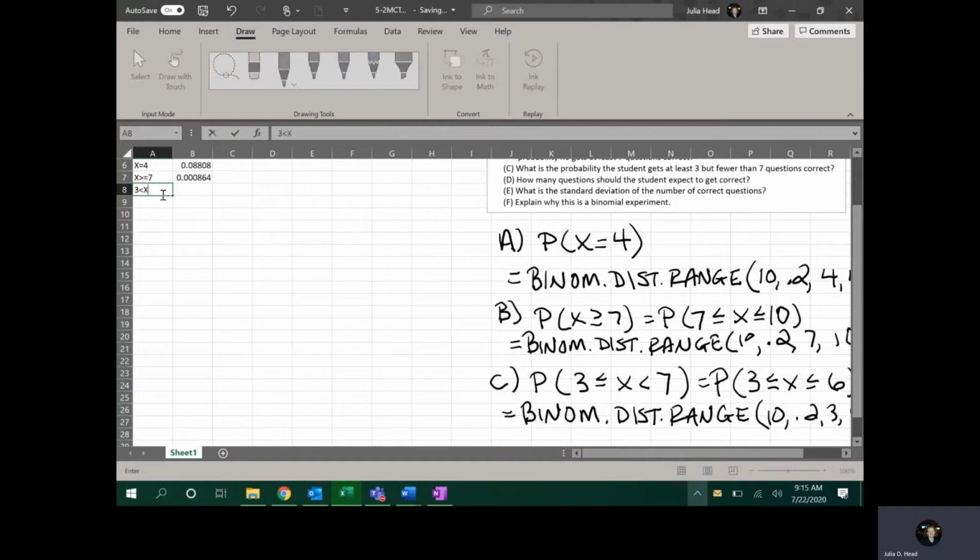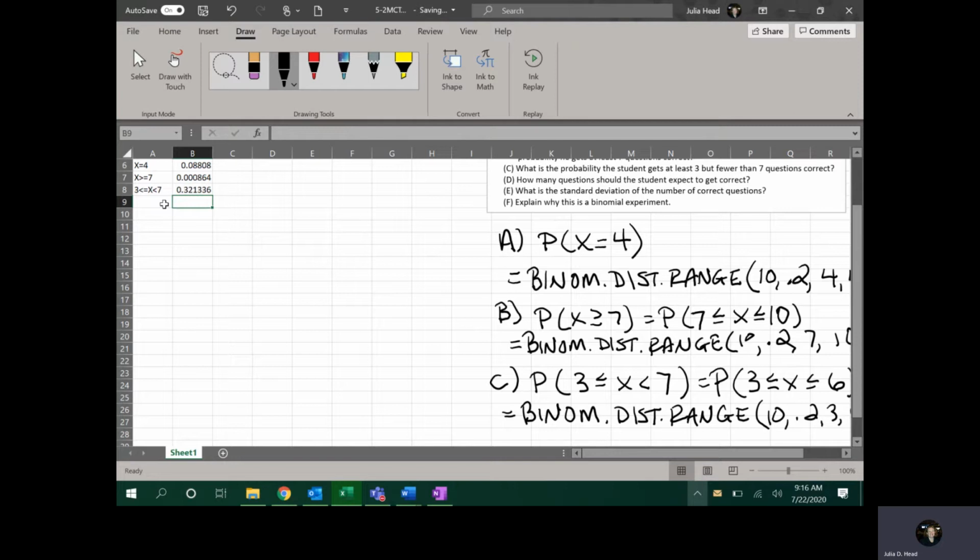So we get 3 less than or equal to x less than 7. And even though I wrote 7 over there on the left, notice we're using 6 because of that inequality.